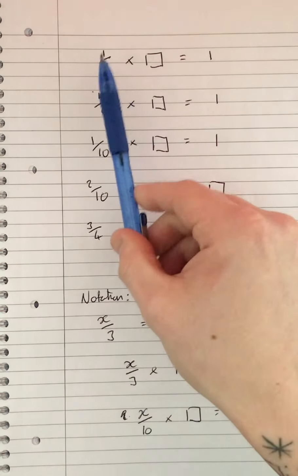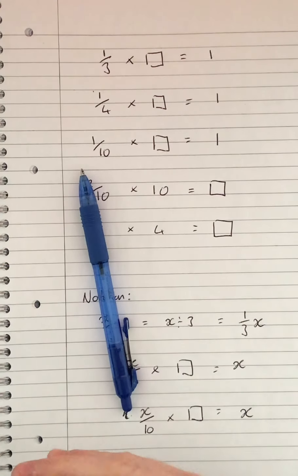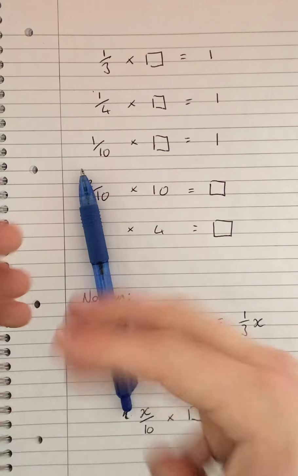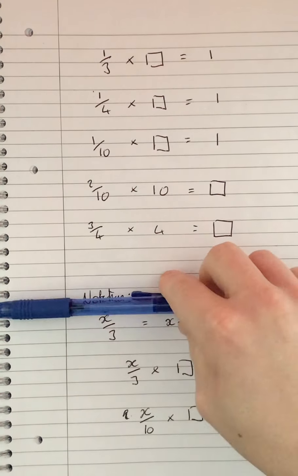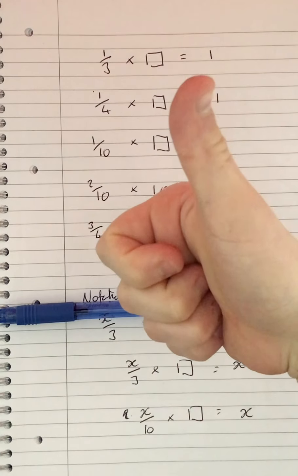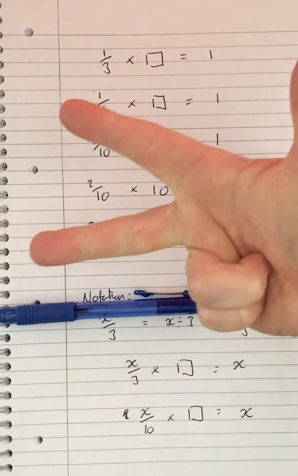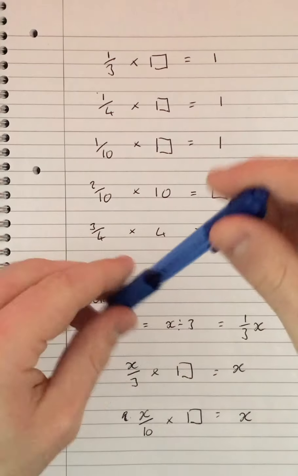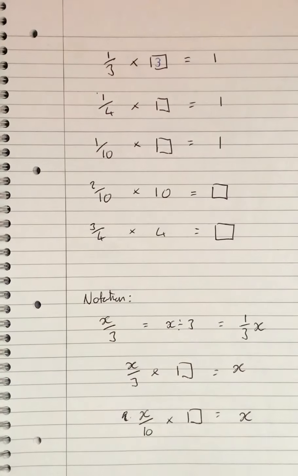Remember that a third means our whole one has been broken into 3 equal pieces. How many of those 3 equal pieces would we need to make the whole one? We can count this up: 1/3, 2/3, 3/3. We can stop now because 3/3 is a whole one. So we can multiply 1/3 by 3 to make a whole one.